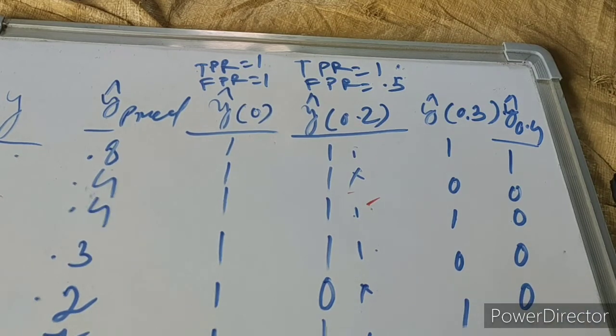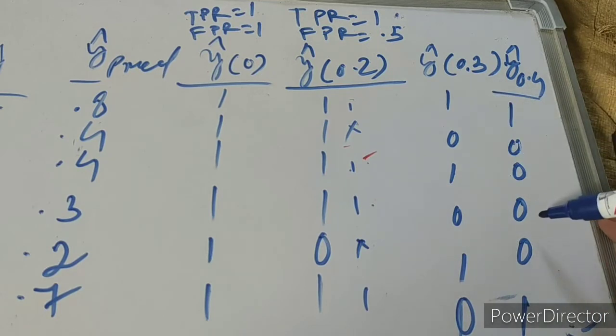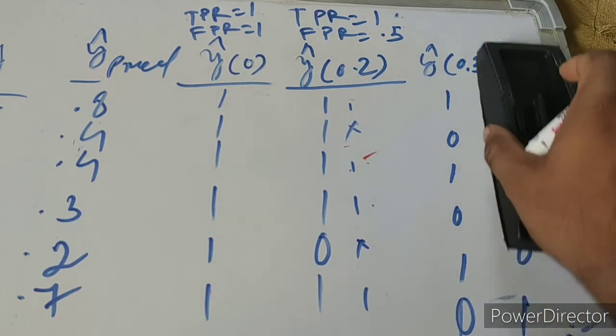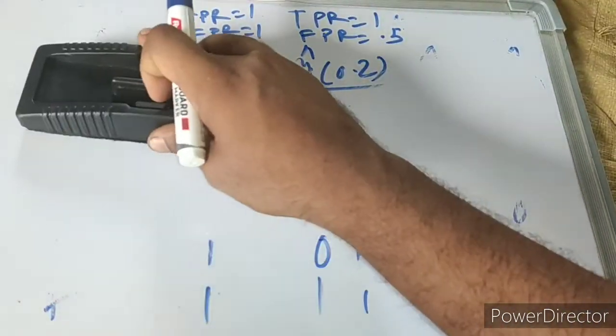So the true positive rate and false positive rate will definitely change. Once we find all these true positive rates and false positive rates, let's plot a graph out of those values.